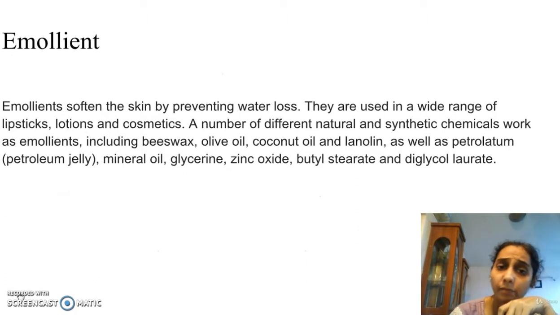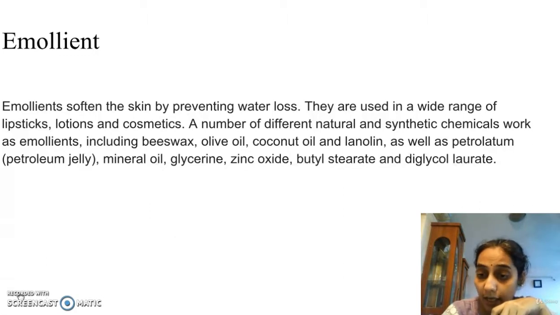What are emollients? Emollients are the chemicals that we use to soften the skin. They prevent the water loss from your skin. So basically they are used as humidifying products.